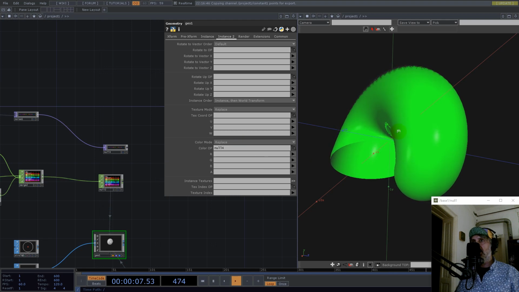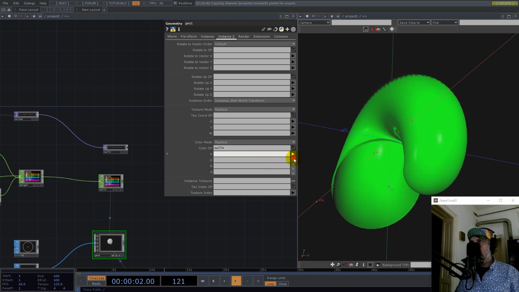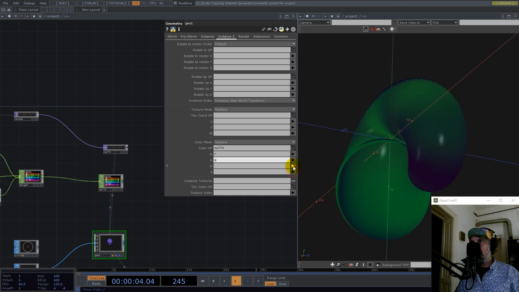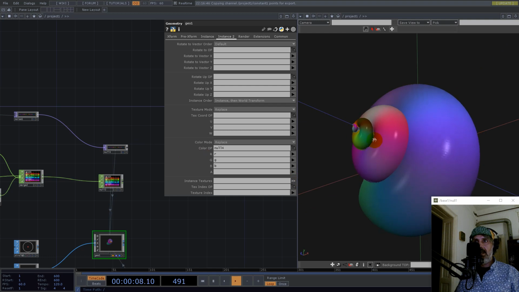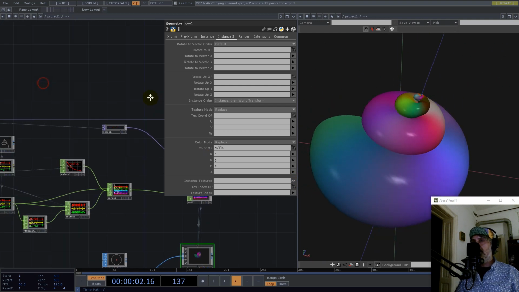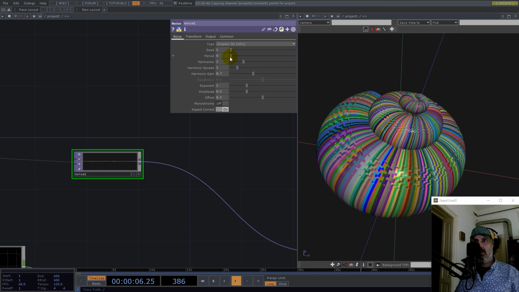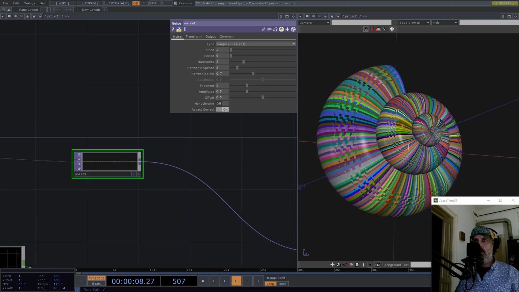I'm using the experimental version, so now I take RGB, and I have colors on my shell. Now you can play with this noise to get what type of colors you want.